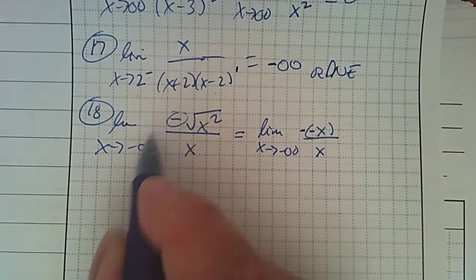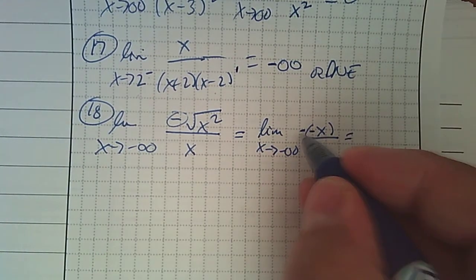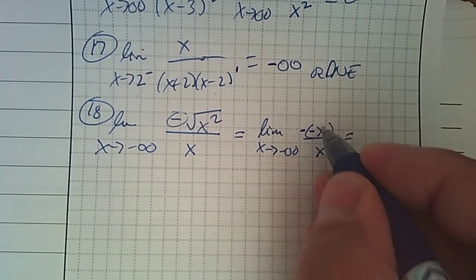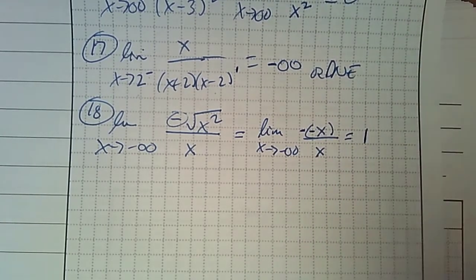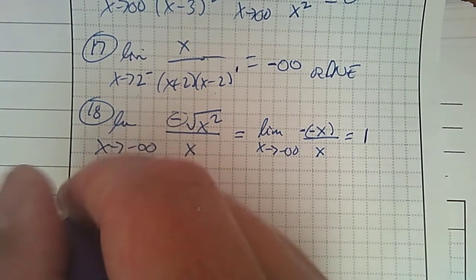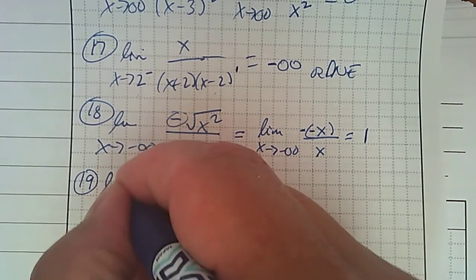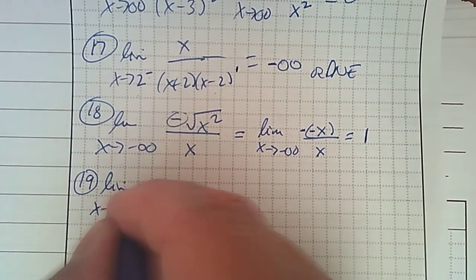Plus, we have a minus sign already in front as is. Now, we simplify this. A negative times a negative is positive x divided by x. The left end is going to positive 1. And if it was asked for the other end, the right end, you'd say negative 1.